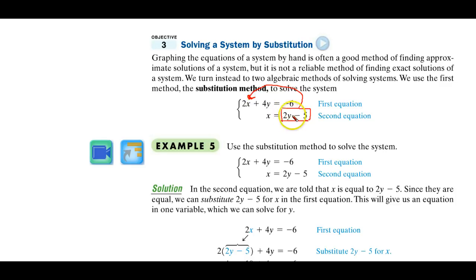That is, substituting this value in terms of y where that x is. And that's what they're showing you down here. So we'll raise it up so you can see this better.